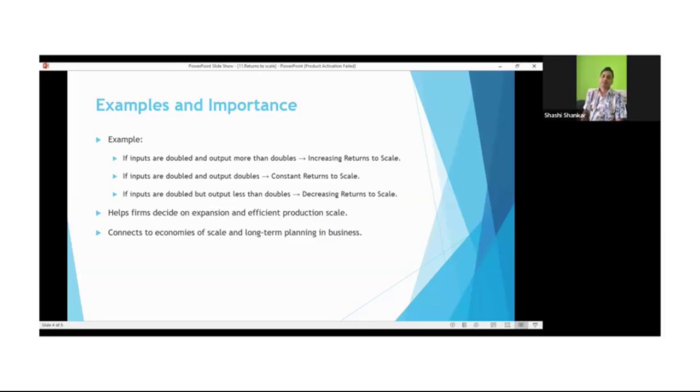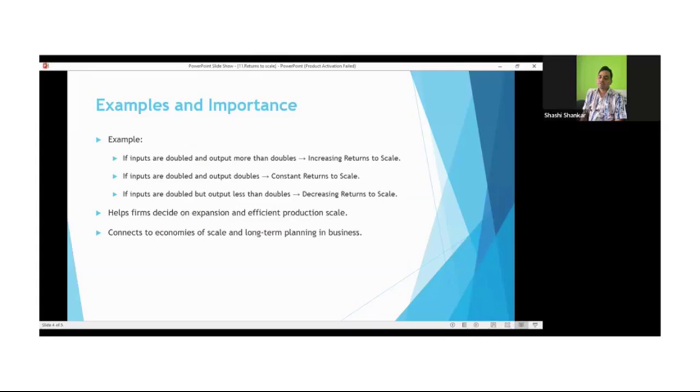So which product line can be produced more, and what factors are involved, especially when talking about doubling of output or maybe decreasing output. So it helps firms take decisions on expansion and efficient production scale.